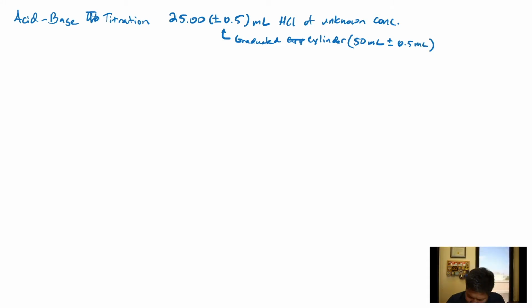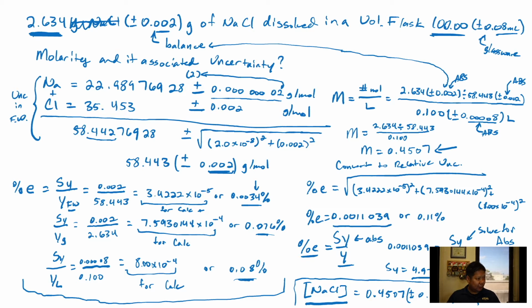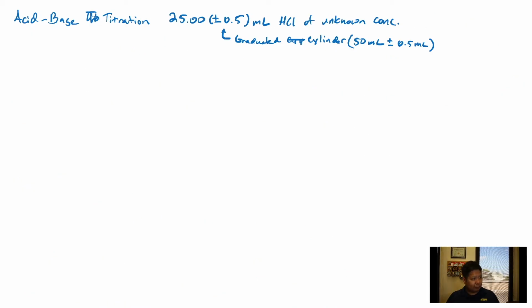So this is the uncertainty you'll use. Back in the previous example, the uncertainty we used was with the balance, and the balance was 0.002, right? Well, here it's going to be 0.5 for the graduated cylinder that you use to measure out the 25 mL of unknown concentration hydrochloric acid that you're putting into your flask, right?